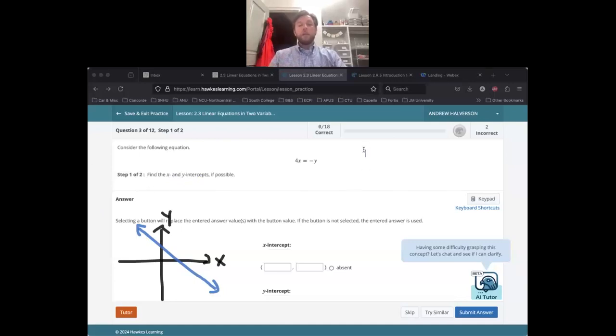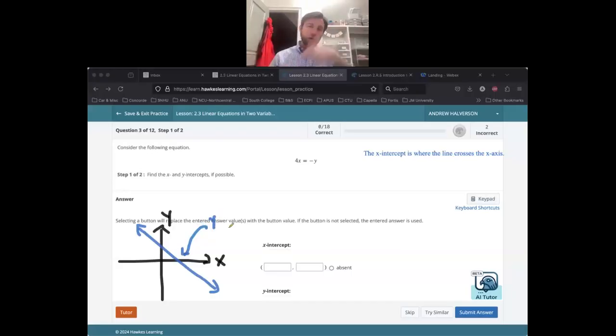Now, the x-intercept is where the line crosses the x-axis. What's the value of y when you're crossing the x-axis?